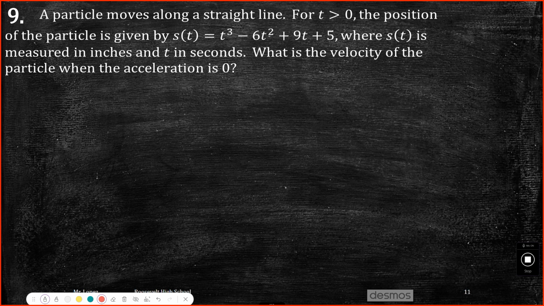A particle moves along a straight line for t greater than 0. The position of the particle is given by this third degree polynomial again, where s of t is measured in inches and t in seconds. What is the velocity of the particle when the acceleration is 0?